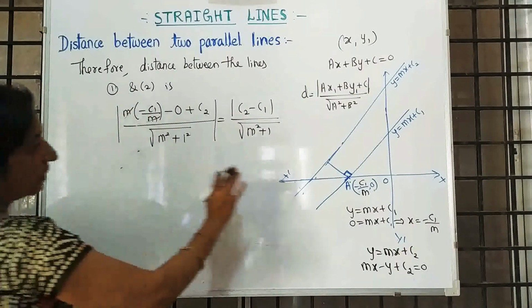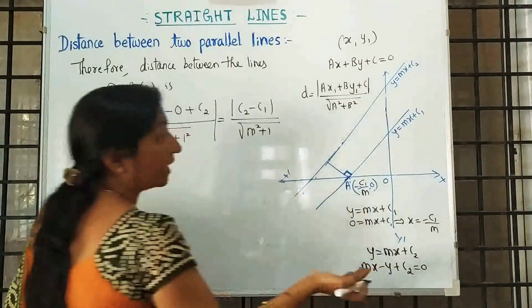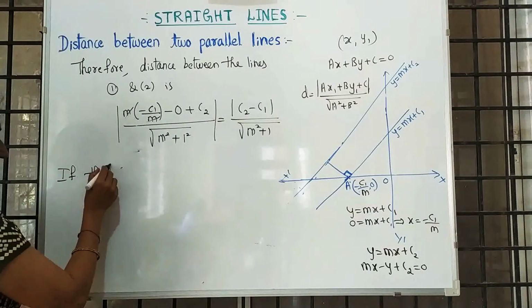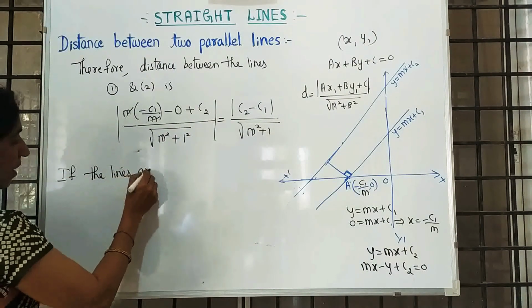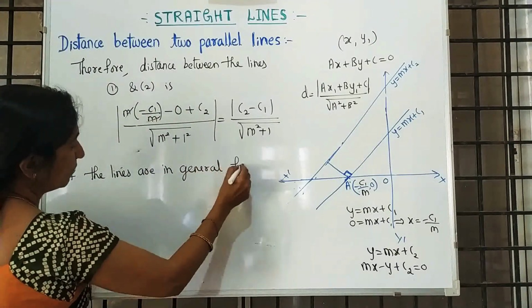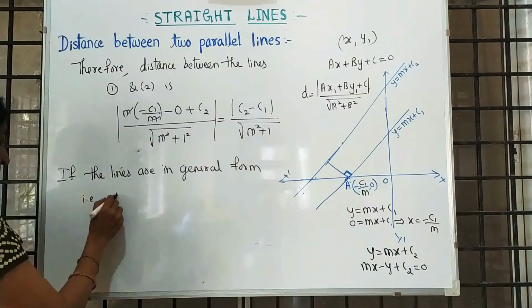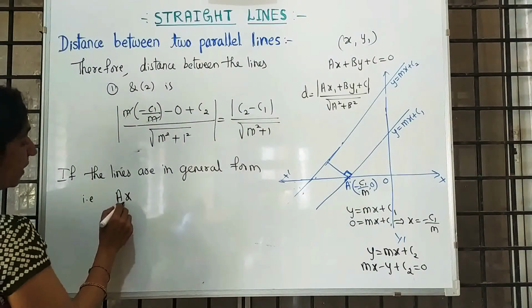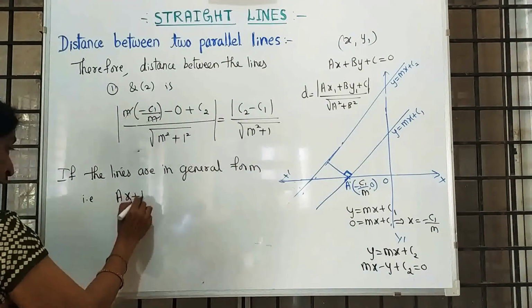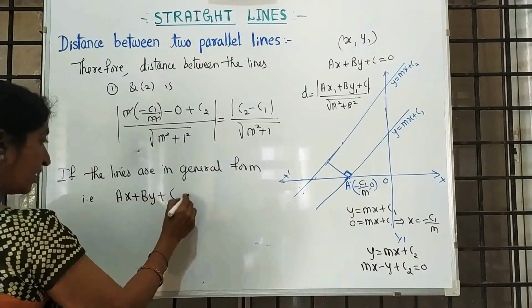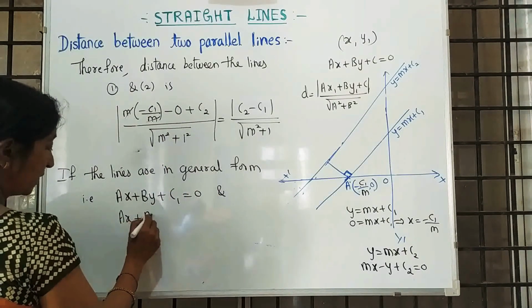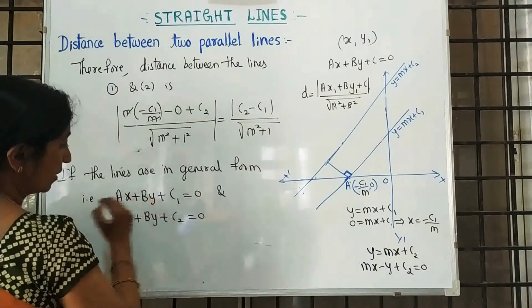Suppose this is the line. The lines are in this form. Suppose the lines are in general form, that is ax plus by plus c1 is equal to 0 and two parallel lines ax plus by plus c2 is equal to 0.